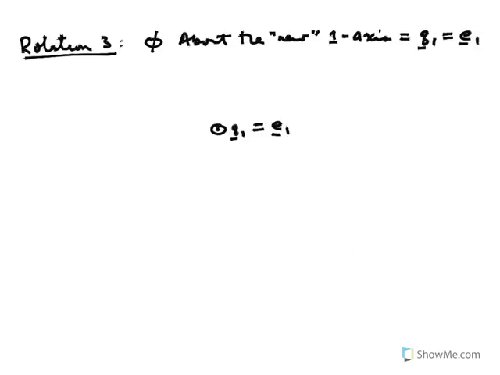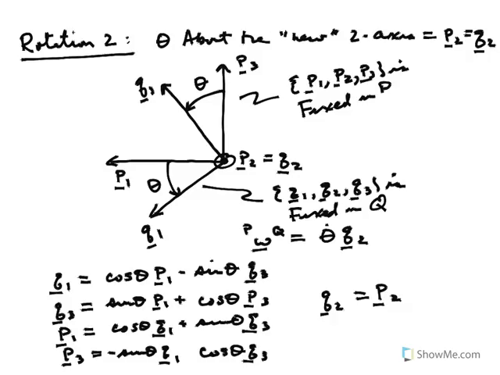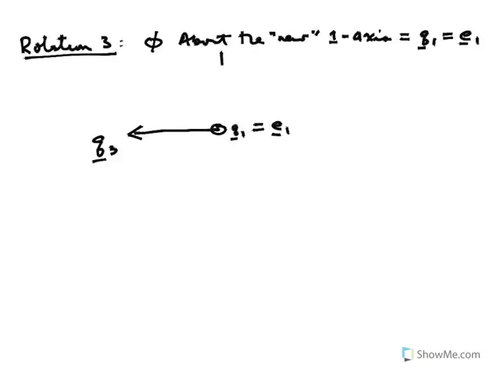Q3 is going to be to the left, and then Q2 is going to be up in this diagram. So now we're going to do a rotation by this angle, which I'm going to define as phi, about this direction.